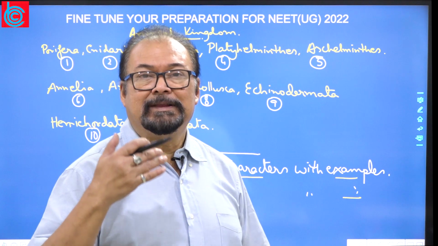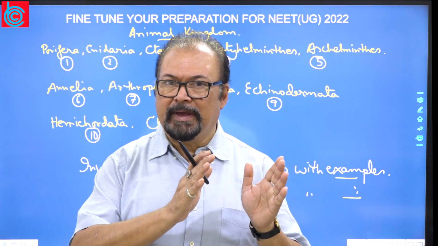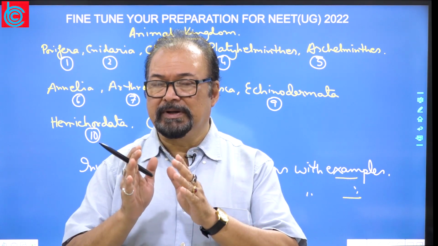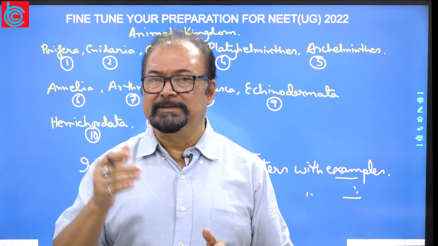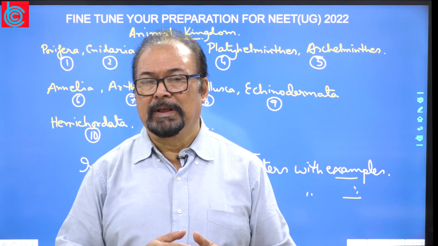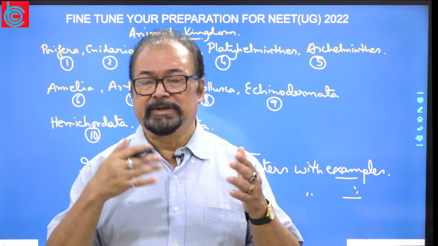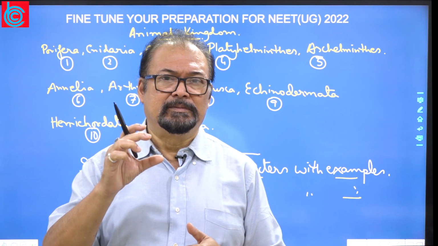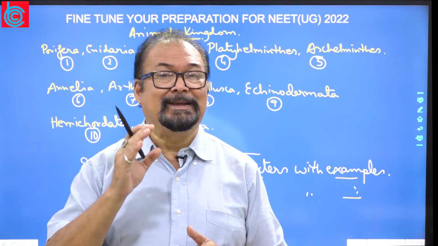The syllabus mentions invertebrate phylum characters with examples and the class characters of vertebrates with examples. Examples will always come from NCERT. Again, I am repeating: many textbooks, mainly ICSE and some local boards, give lots of information, but NEET strictly follows the CBSE NCERT book.